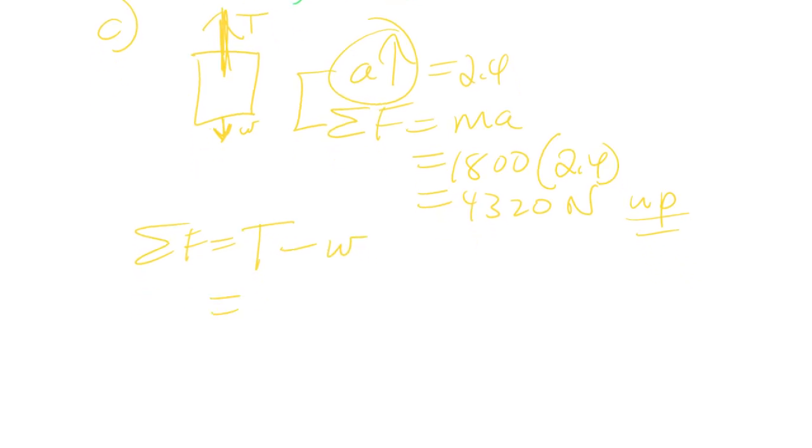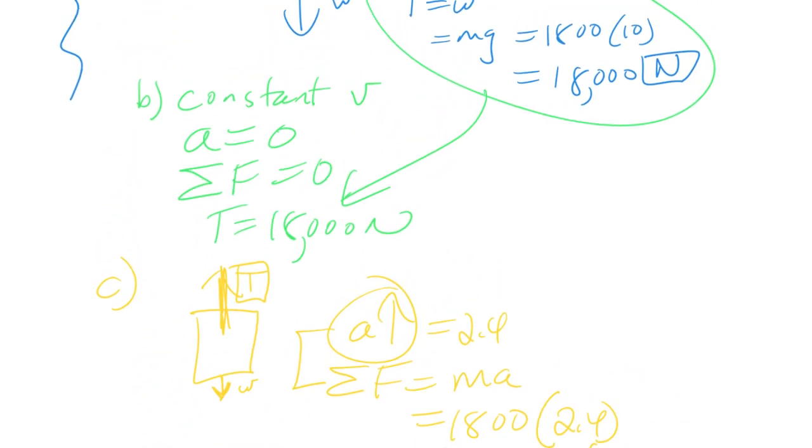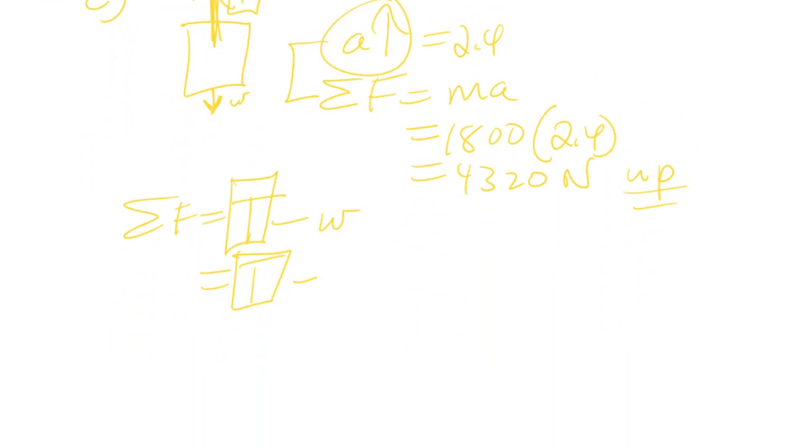So the tension minus the weight. Okay, I already had the weight as 18,000 from before, mg. And then this would be 4320. So the tension is equal to 4320 plus 18,000.